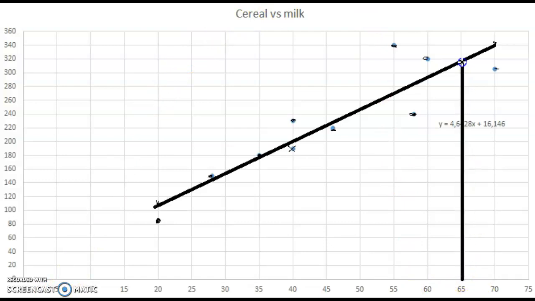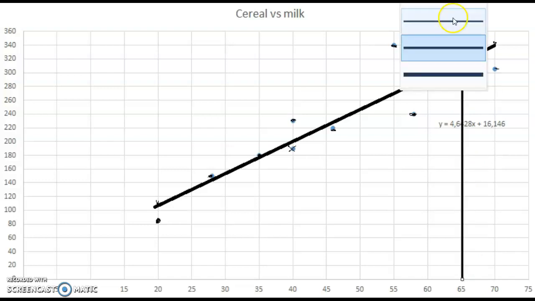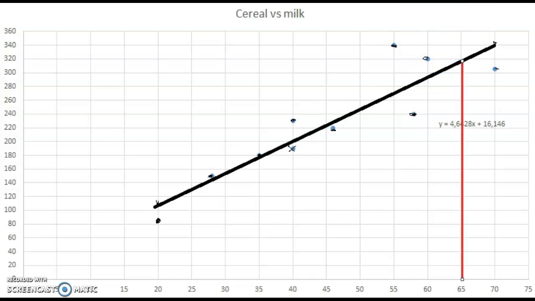We go up to the line of best fit. And then you have to go from the line of best fit to the y value, like this. For example, I determine another dot, another straight line.